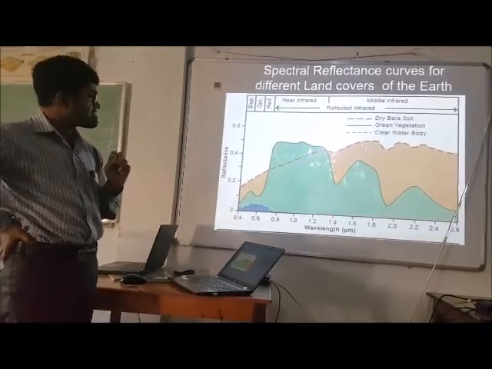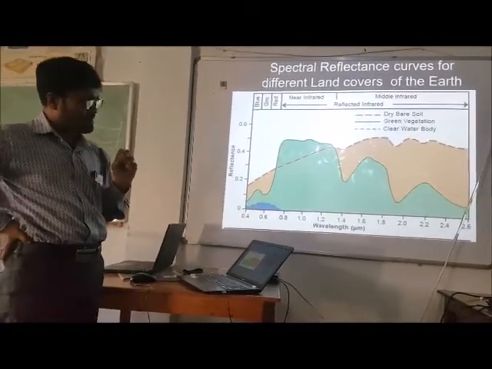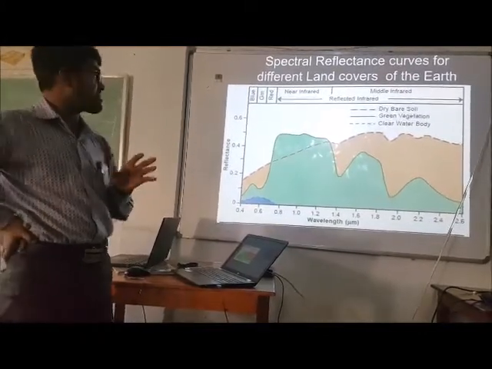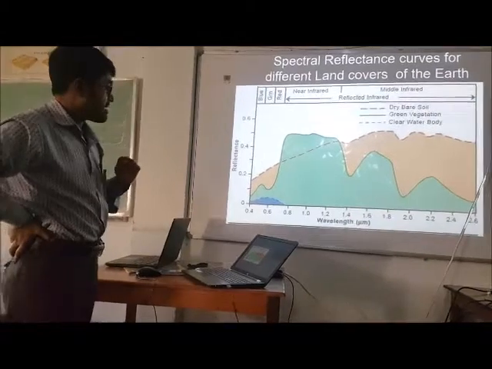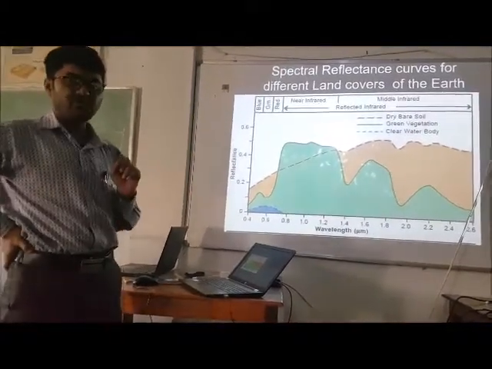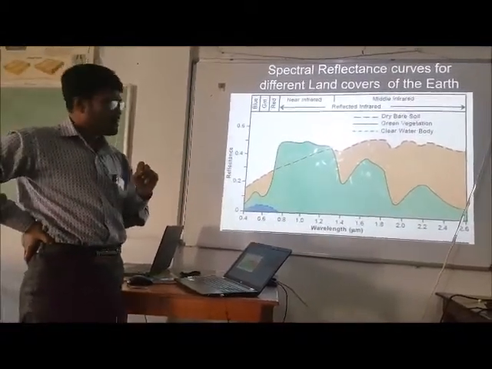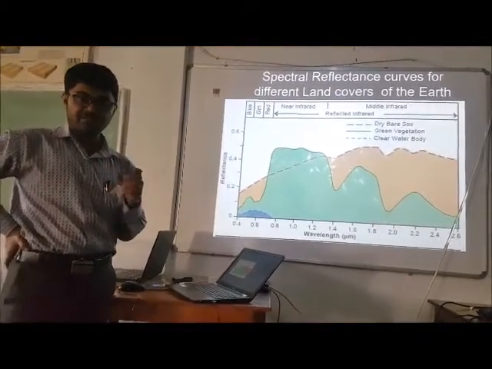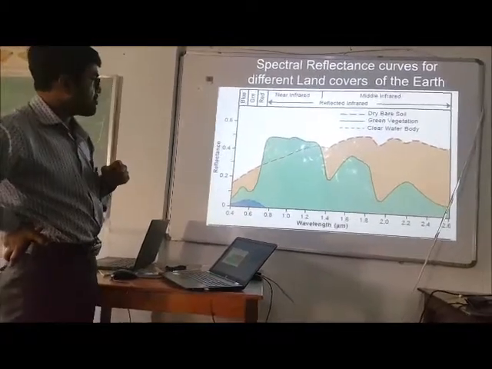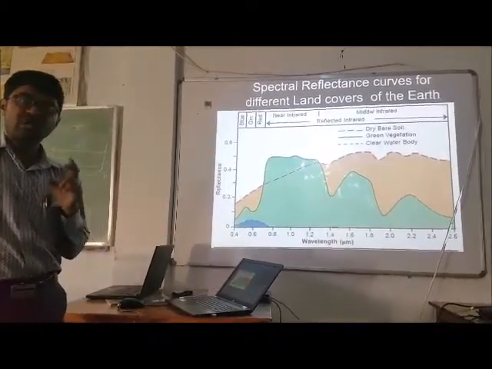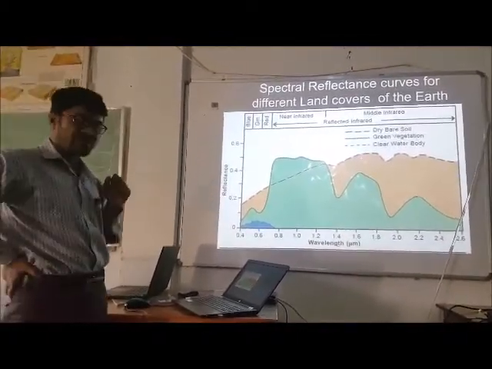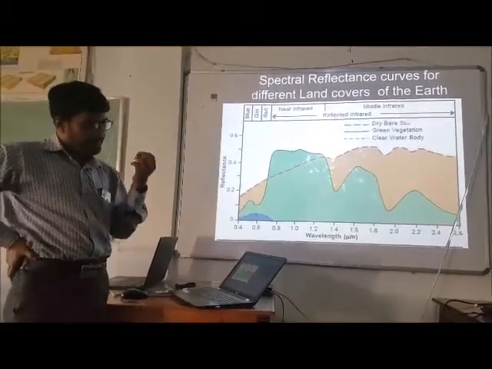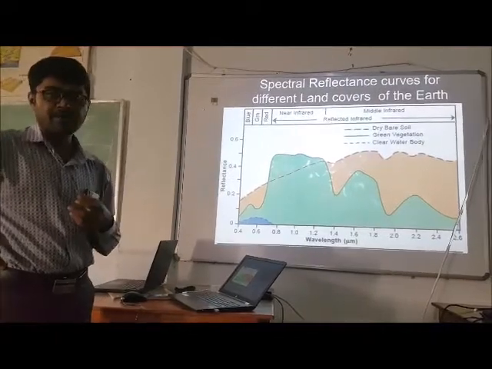And if we use a single band for detecting vegetative area, we can use the near infrared band. In this way, if we want to examine the surface temperature condition, then we should use the thermal band, because the thermal band depicts the temperature condition of the surface.